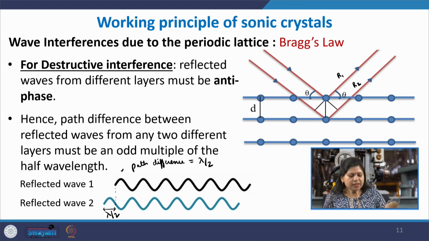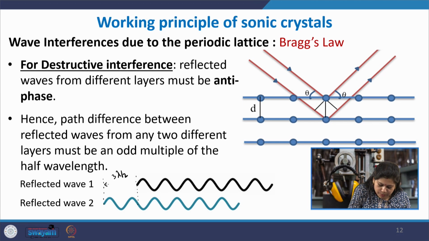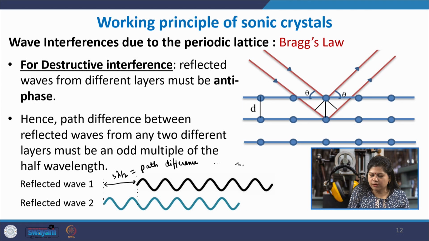So, for another destructive interference, what could be the further path difference? The wave could be further shifted. So, the path difference between the two waves could then be lambda plus lambda by 2, which is 3 lambda by 2. This would be the path difference, and so on.